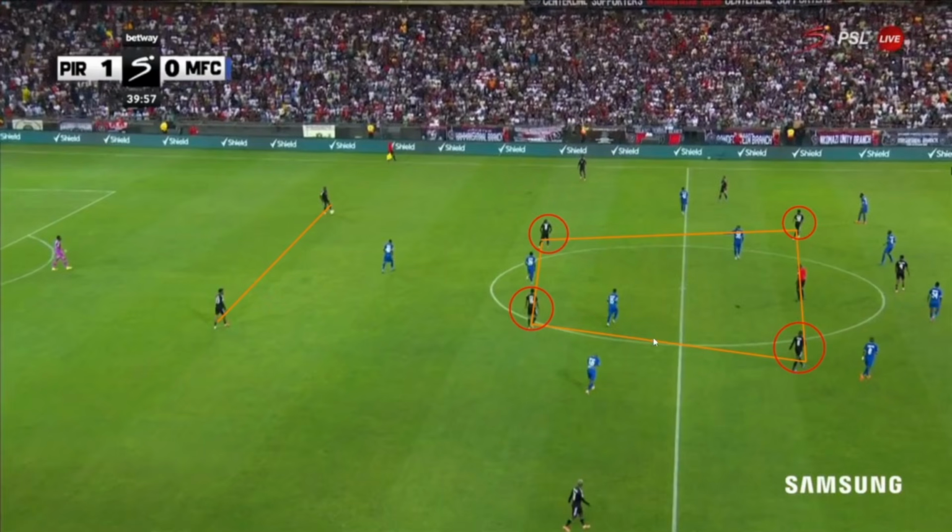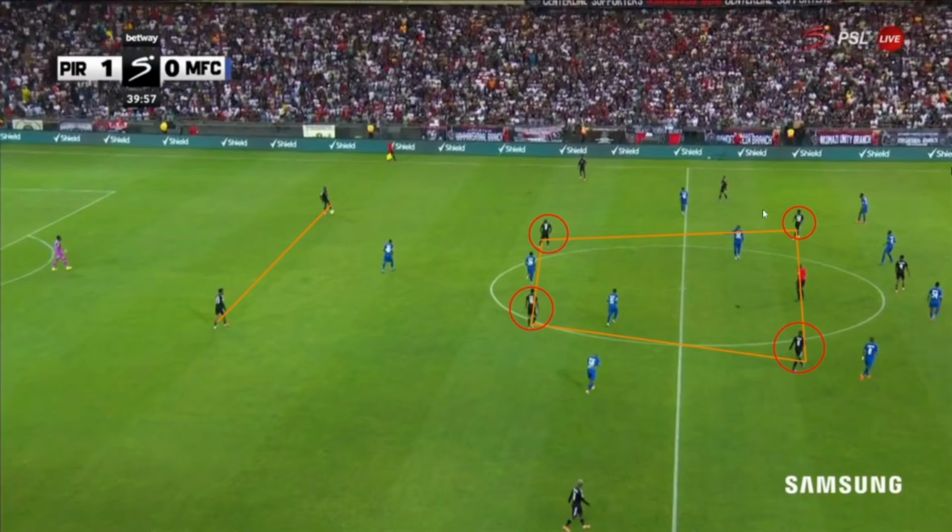They have created a box where the double pivot is Makaula and Mbata, and then the two number 10s: Muremi who's tucking in from the right hand side, and Mofokeng who's in the half space, and then we have Apolis on the left.